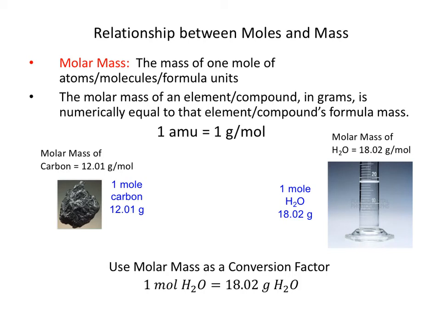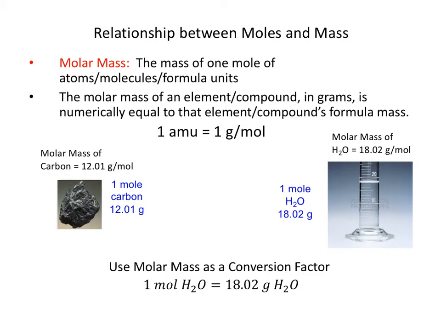As an example, the average atomic mass of carbon is 12.01 AMU, so if I have 1 mole of carbon atoms, then that will weigh exactly 12.01 grams. Or the formula mass of water is 18.02 AMUs. If I had 1 mole of water molecules, that would weigh 18.02 grams.